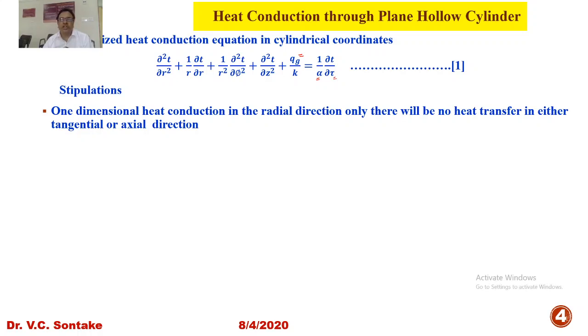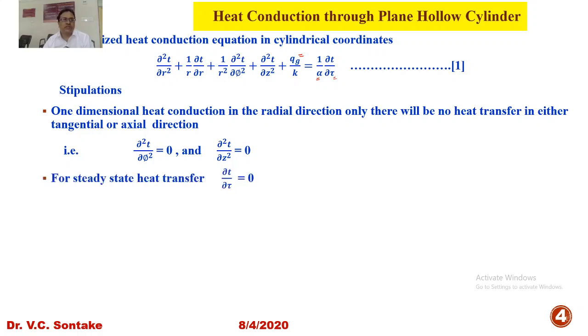So there will be no heat transfer in either the tangential or axial direction. Because of this stipulation, del square T over del phi square is equal to 0. It means there is no heat flow and hence no temperature variation in the tangential direction. Similarly, del square T over del Z square is equal to 0. That is, there is no heat transfer and hence no temperature variation in the axial direction.